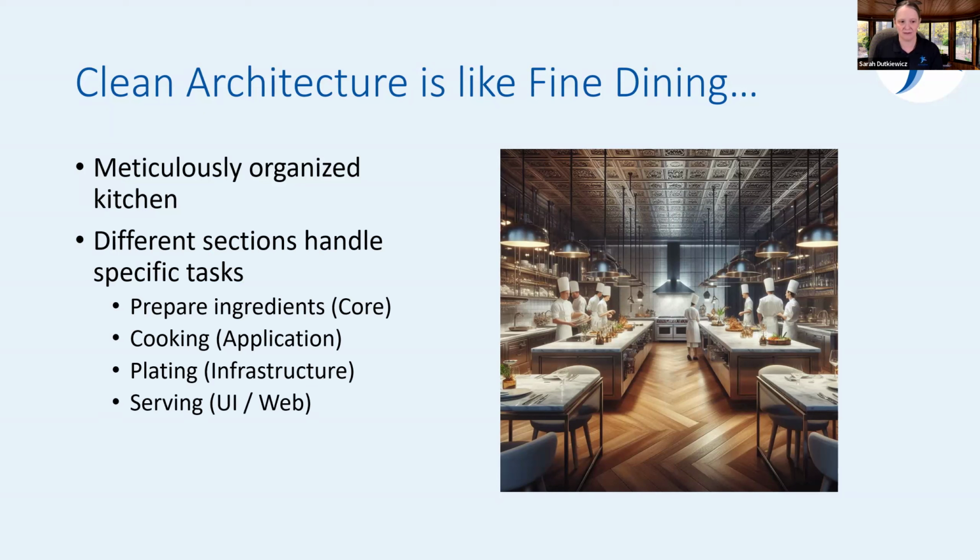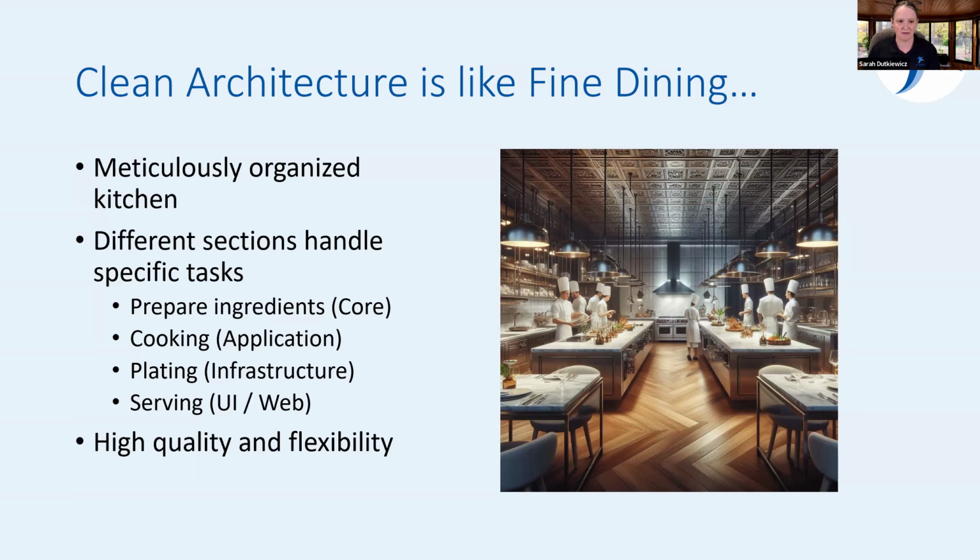And then some serving in the restaurant would be like the web or presentation layer in clean architecture. So clean architecture, multiple layers. Each layer has a very specific technical detail that it's supposed to be focusing on. There's that separation of concerns. And it's with high quality and flexibility.